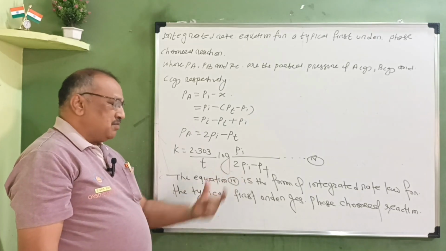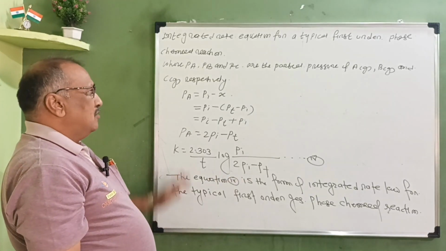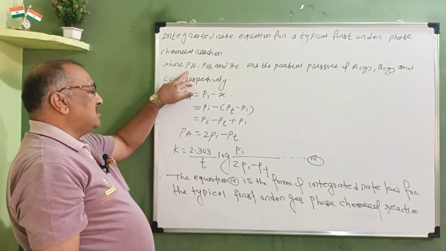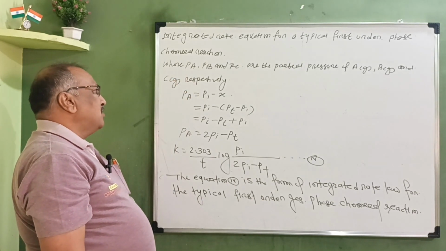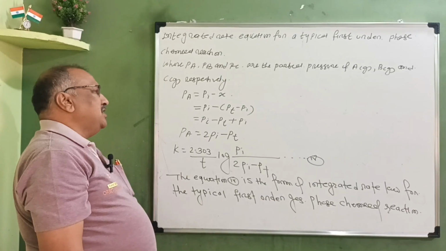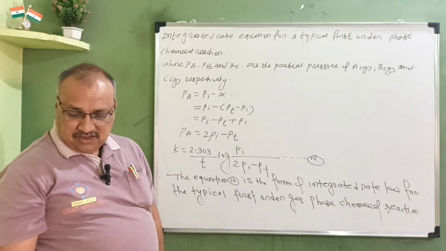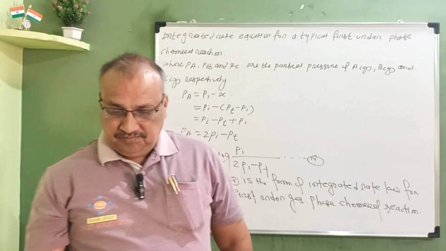How is this total pressure calculated here? Total pressure is equal to partial pressure of gas A plus partial pressure of gas B plus partial pressure of gas C.